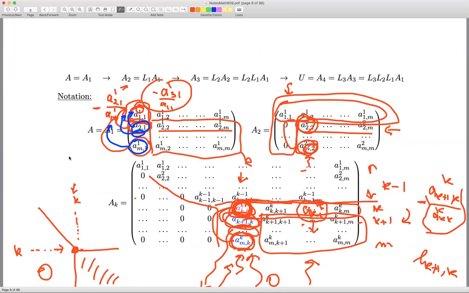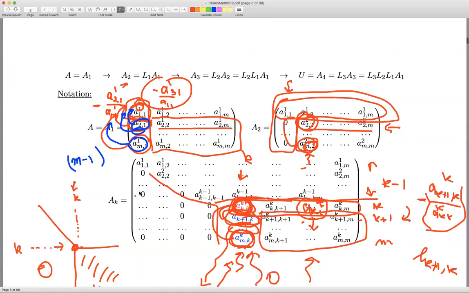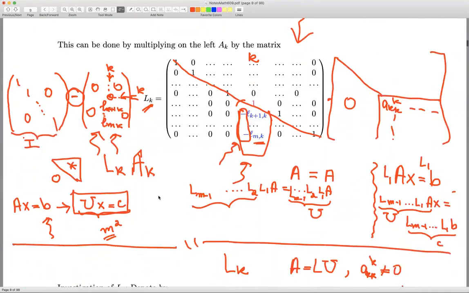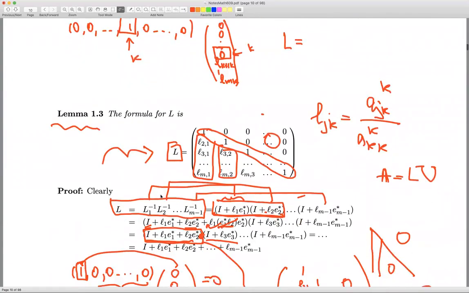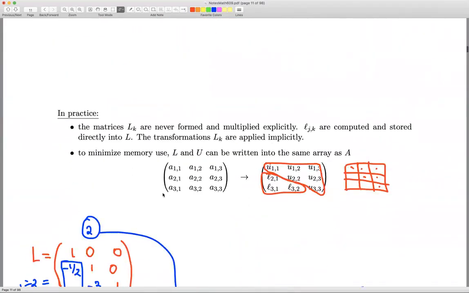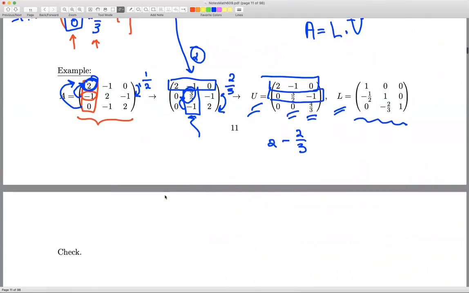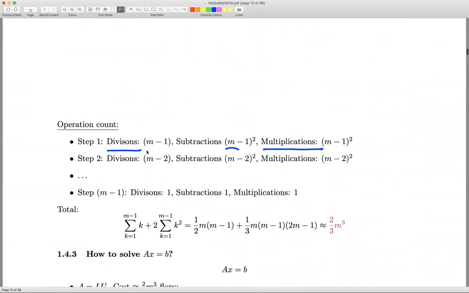So as a total, we have a matrix of dimension m times m. So from second down to m, we have m minus 1 divisions, and these m minus 1 divisions were the divisions for the computation of the L's. So we write down for step 1, we have m minus 1 divisions.